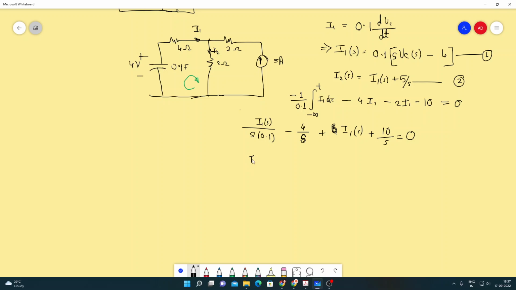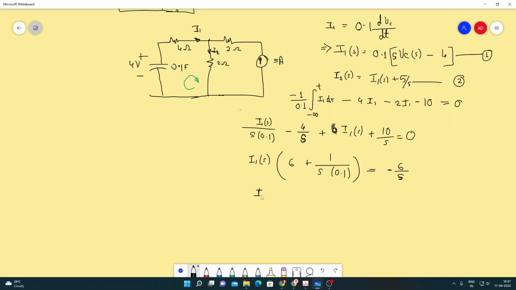So I get I1(s) into 6 plus 1 by s into 0.1 equals minus 6 by s.